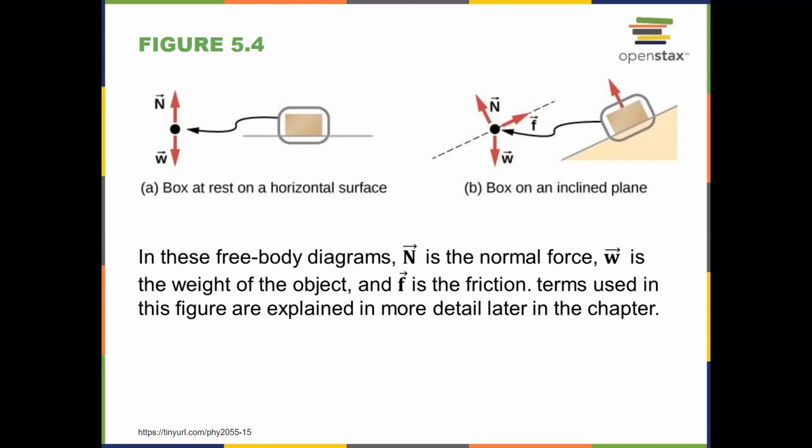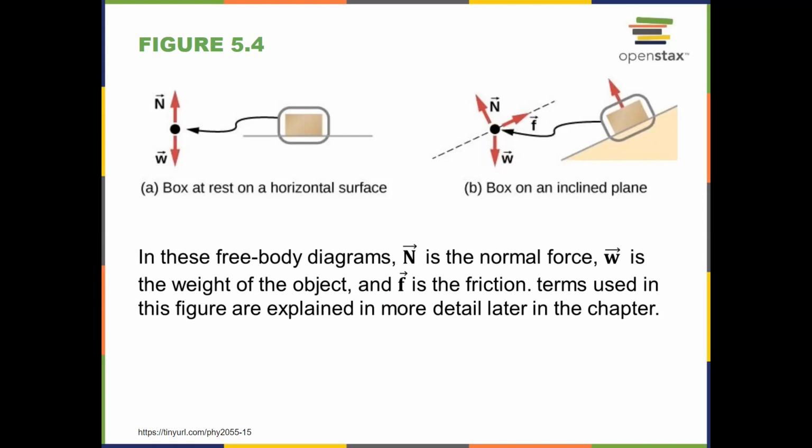This is your free body diagram for the object. The dot represents the box, the weight goes down, and the supporting force goes upward, okay? Because the box is resting there, these two should be equal, with the same magnitude. So when you draw it, make sure you have about the same length for the two vectors, okay?